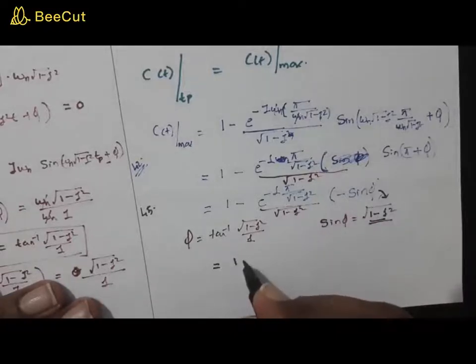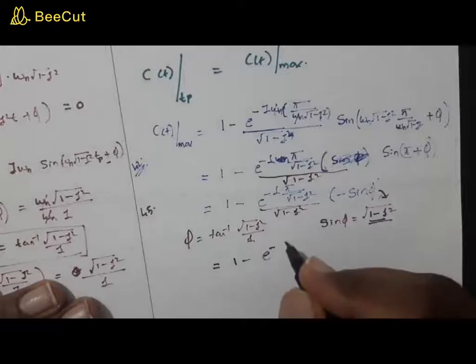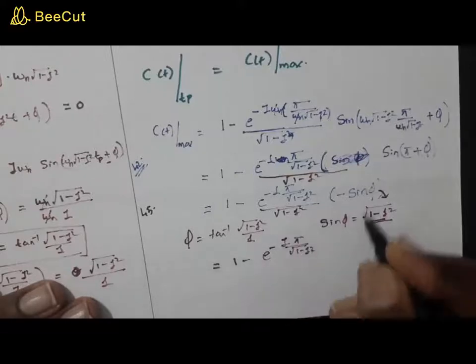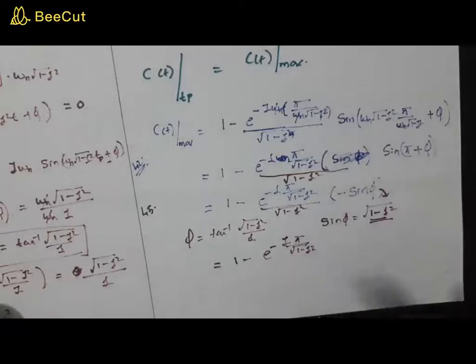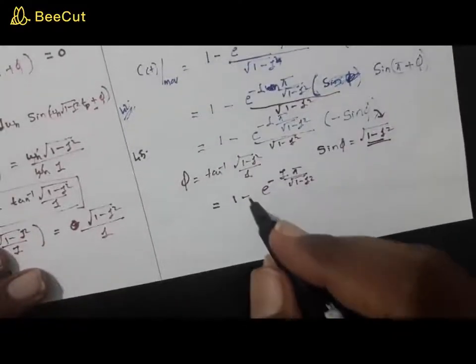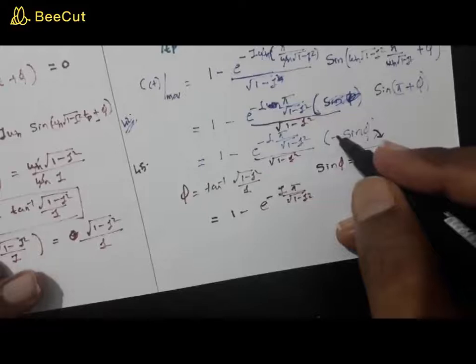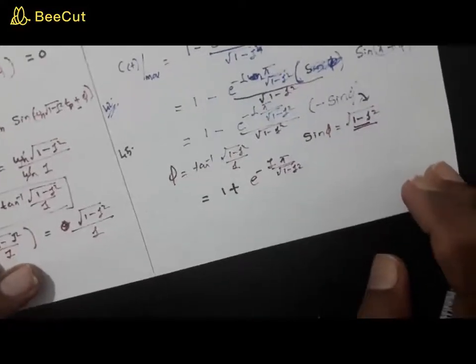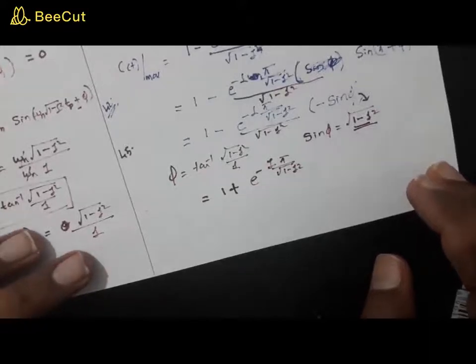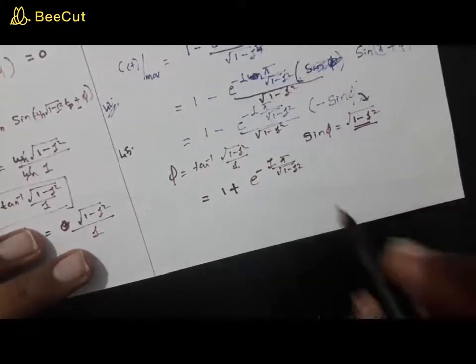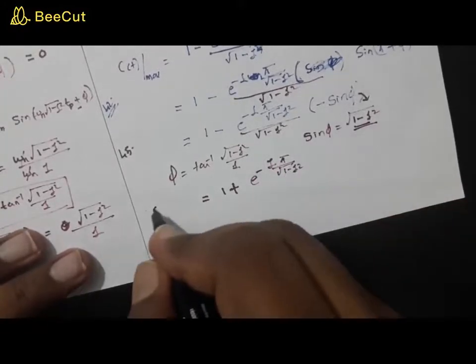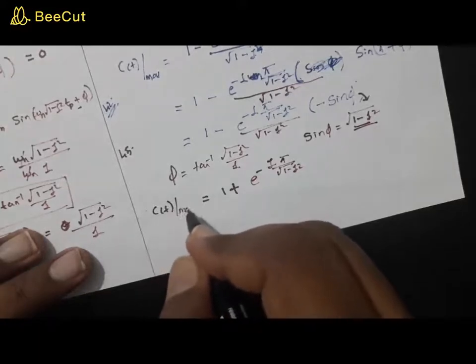So you will be getting 1 minus e raised to minus theta pi by root of 1 minus theta square, into the theta square gets cancelled. You have a minus of sine phi, so this becomes 1 plus, right? Now this is equal to 1 plus e raised to minus theta pi by root of 1 minus theta square. Now this is actually your C of t max.